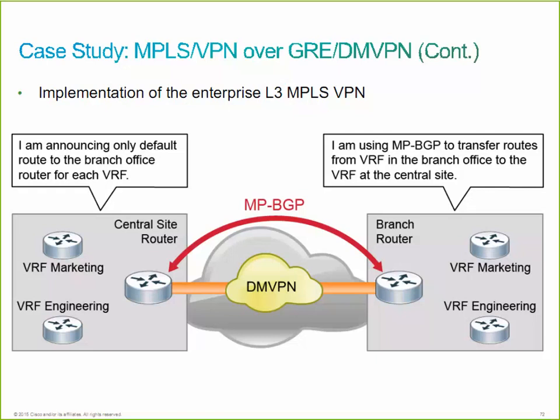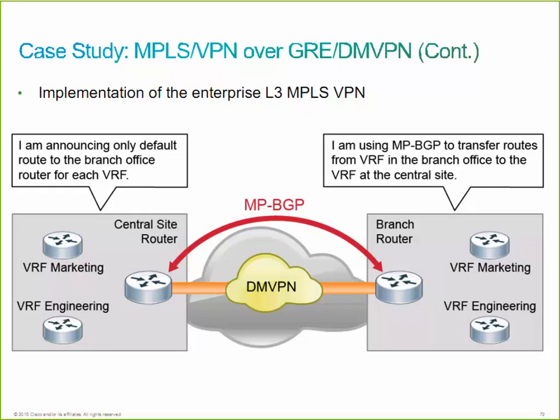Remember, traditionally VPNv4 was to allow us to separate clients and even maybe overlapping subnets or overlapping networks. It doesn't have to be the case here. So we're going to use an external BGP relationship between the central site and the branch site.